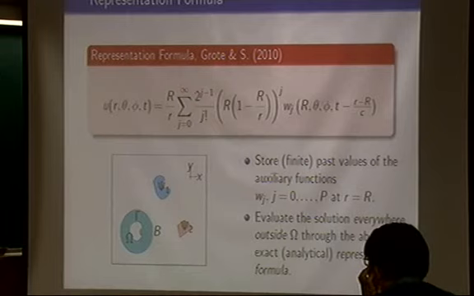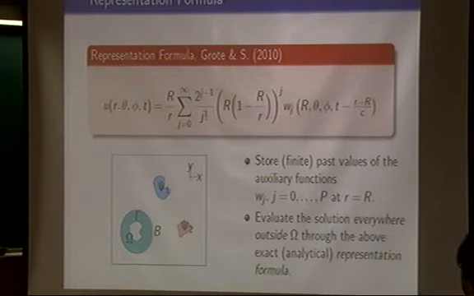That means with this, I showed you the auxiliary variables, and then for any position in space and time, you can calculate based on these auxiliary variables locally. That means you don't need to calculate integral equations, you just use the auxiliary variables based on the previous solution.